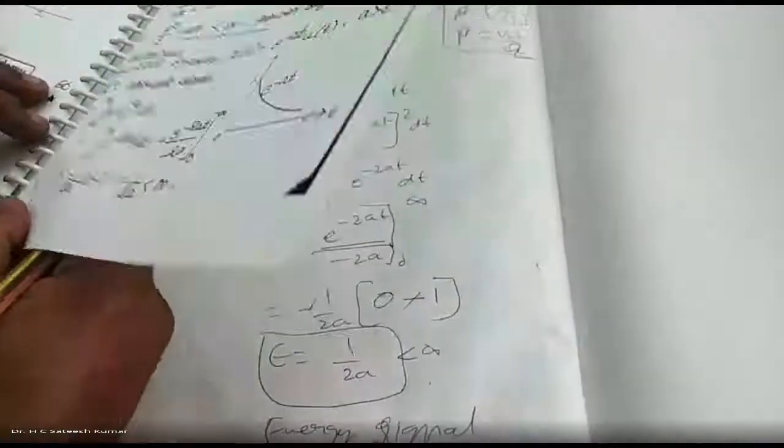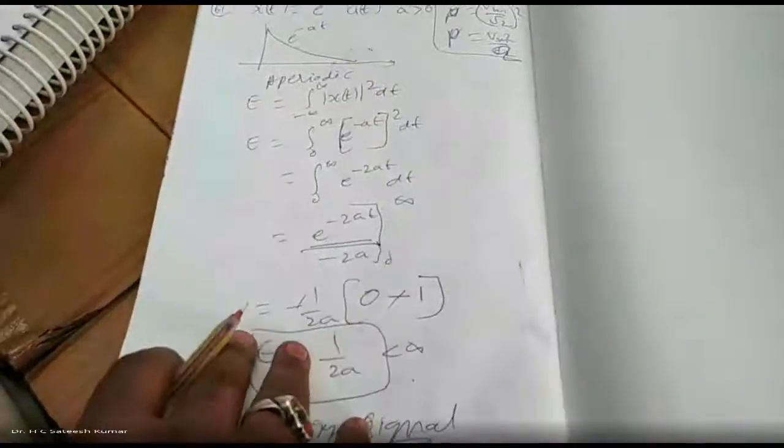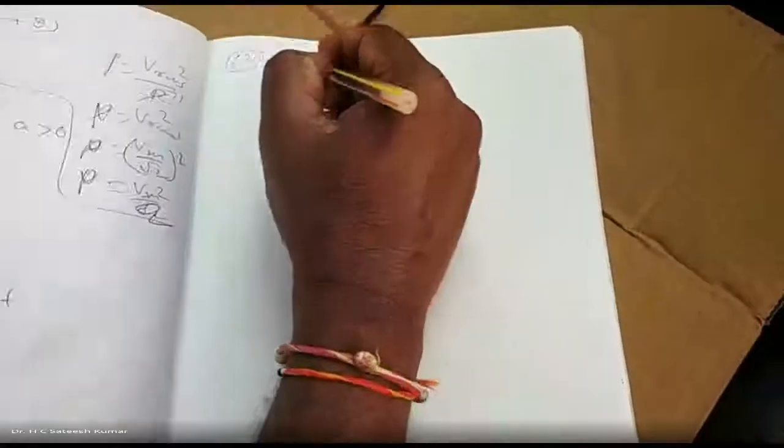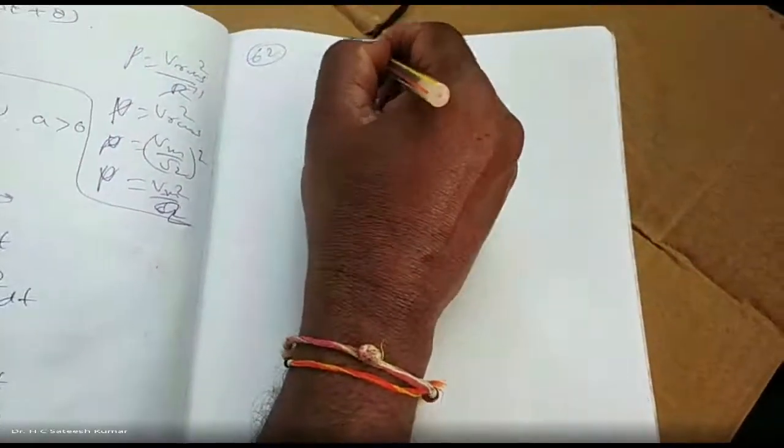Now let's move on to another problem, number 61, 62. x of t is equal to t into u of t. This is also an examination problem.